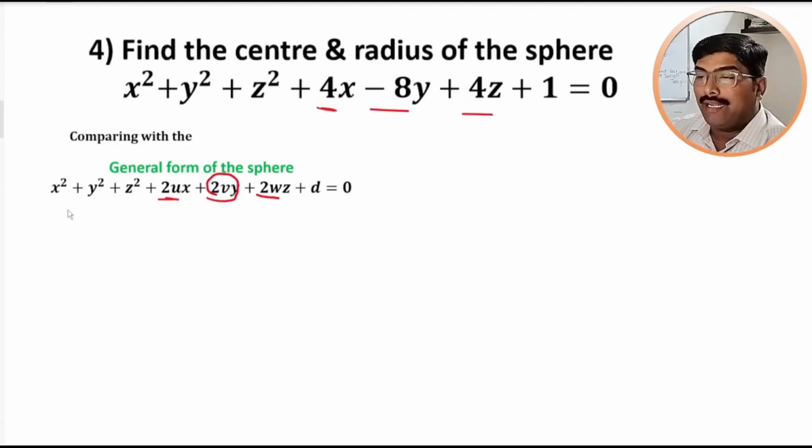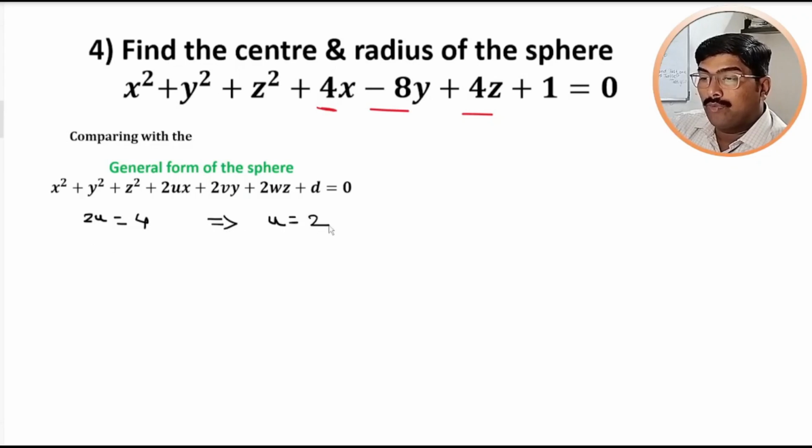So we can write it as 2u is equal to 4. That implies u is equal to 2. So here the 2 and 2 get cancelled. So you will get u is equal to 2.